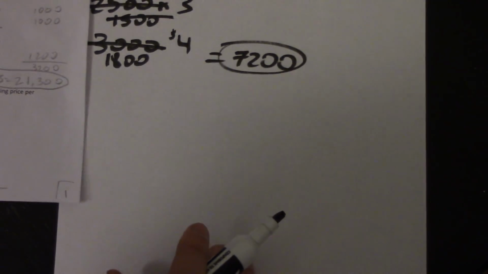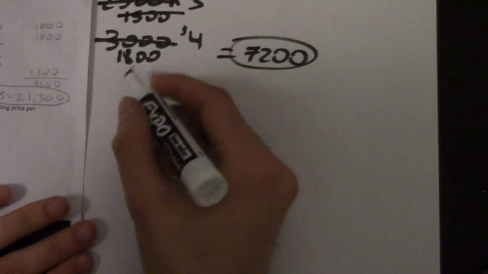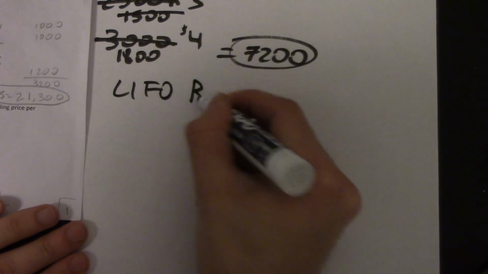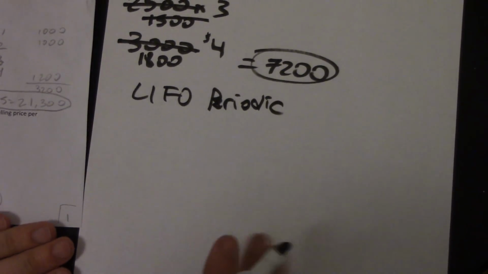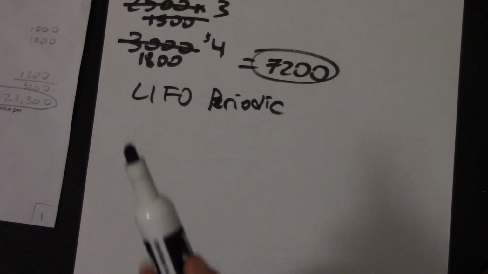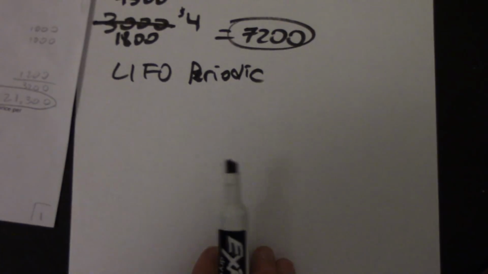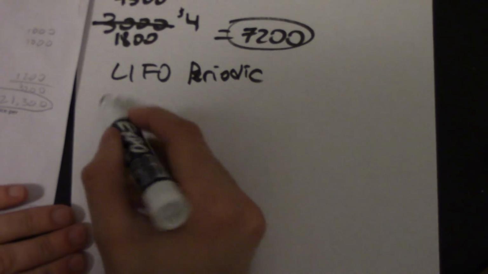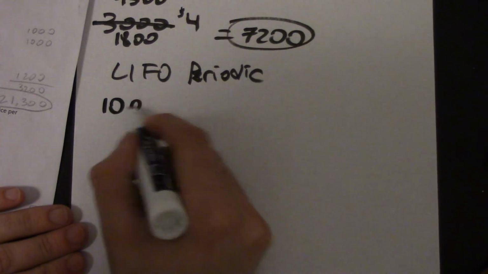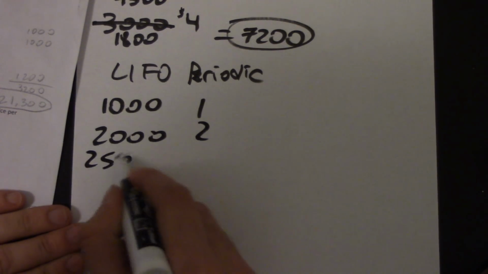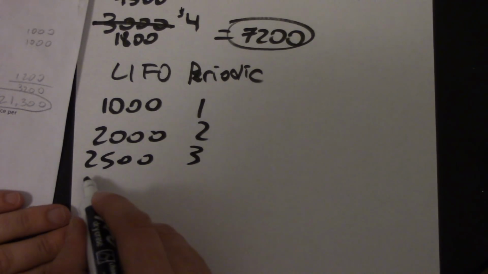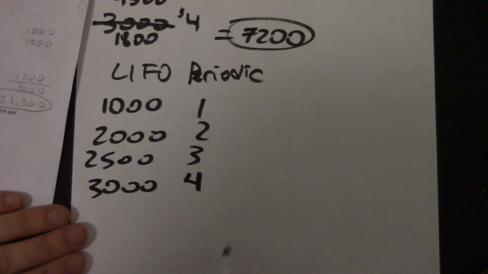Okay, moving on to LIFO. LIFO periodic. Again, if it's periodic, we're going to update the inventory at the end of the period. So we can just write down all of our information and ignore the sales. We began with 1,000 at 1, 2,000 at 2, 2,500 at 3, and then 3,000 at 4.